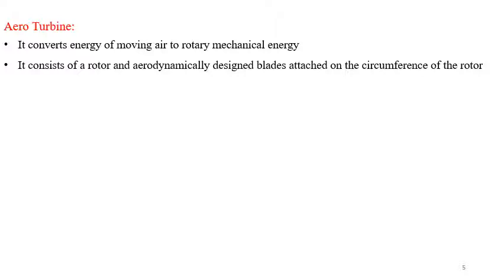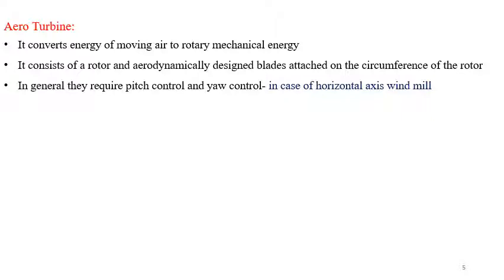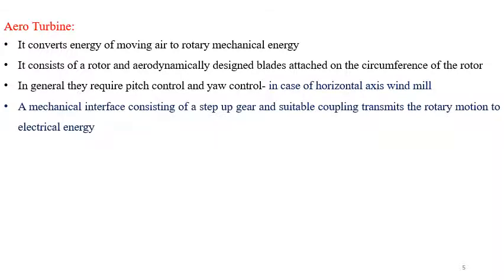The latter is facilitated by mounting it on top of the supporting structure on suitable bearings. So the aero turbine requires pitch control and yaw control only in the case of a horizontal axis windmill. A mechanical interface consisting of a step-up gear and suitable coupling transmits the rotor motion to electrical energy.